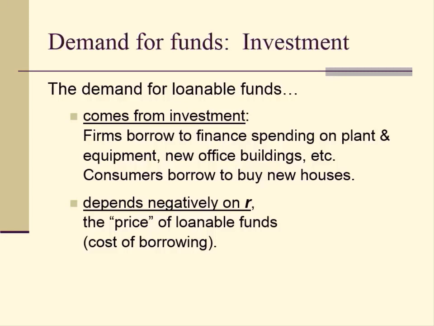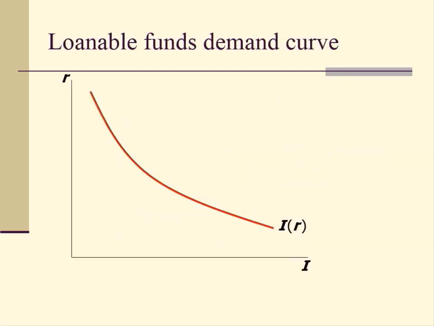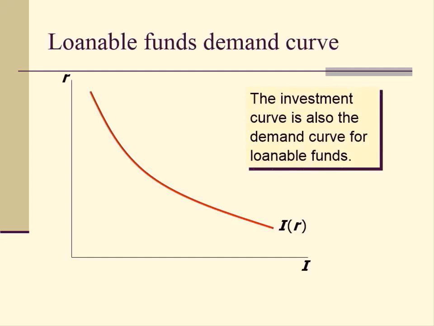So when the cost of borrowing increases, for example, the quantity demanded would fall, and vice versa. Therefore, there's a negative relation between quantity demanded of loanable funds and the real interest rate R. If you draw the graph of it, the loanable funds demand curve looks downward sloping. That is, the investment curve is also the demand curve for loanable funds.